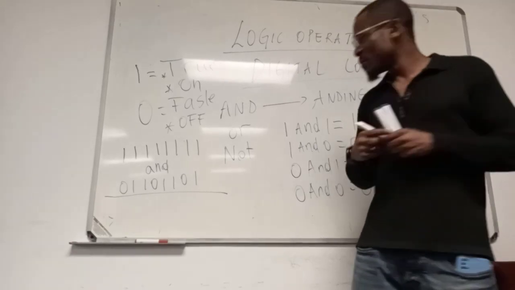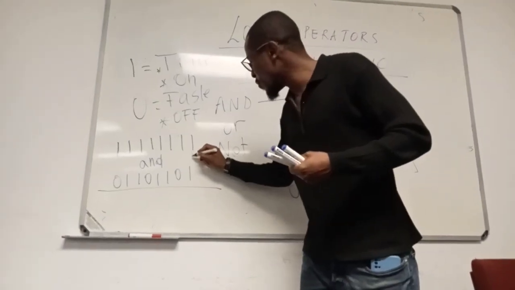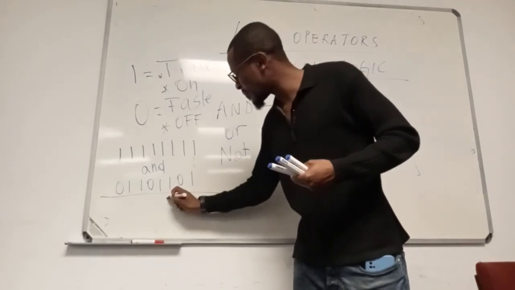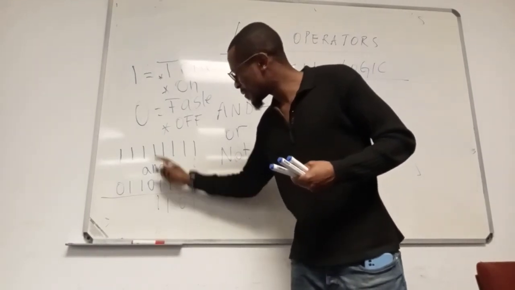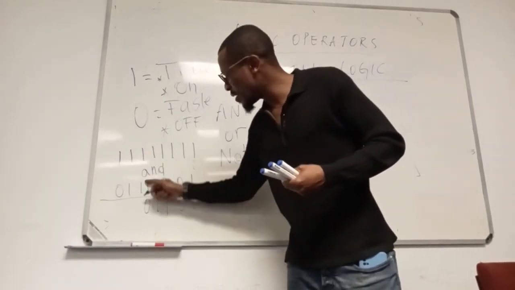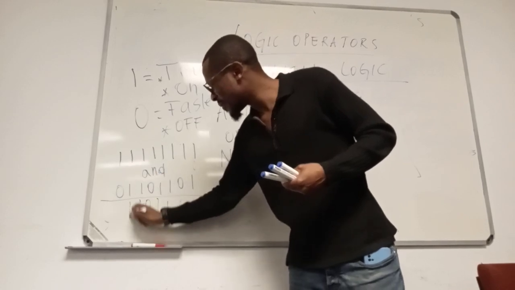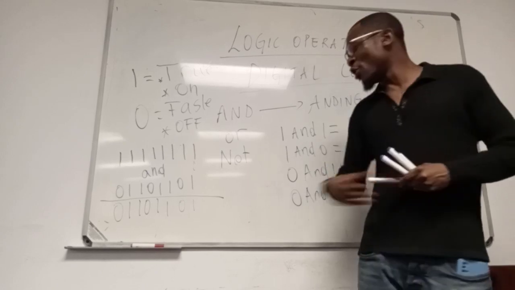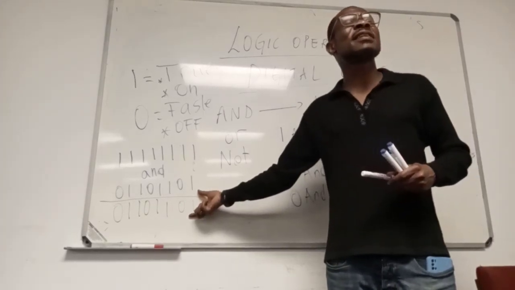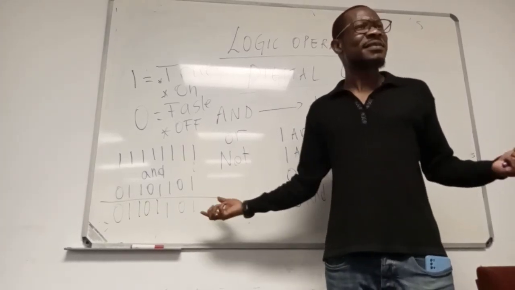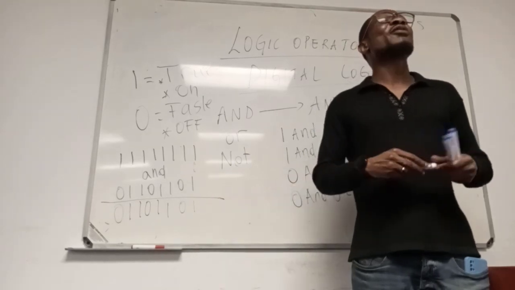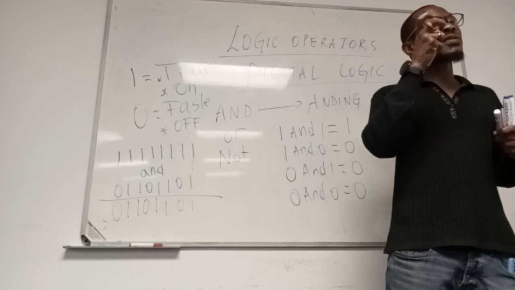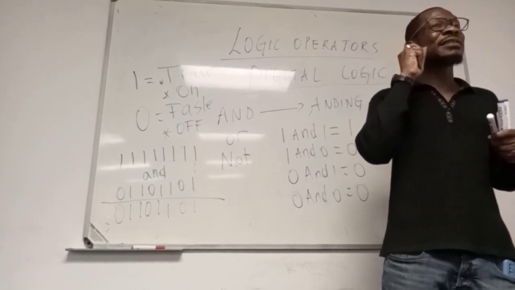You just follow: 1 and 0, 1 and 1, 1 and 1, 1 and 0, 1 and 1, 1 and 1, 1 and 0. And you know how to convert these to decimal, but later on. For now, I wanted you just to understand how to compute, how to find the AND.